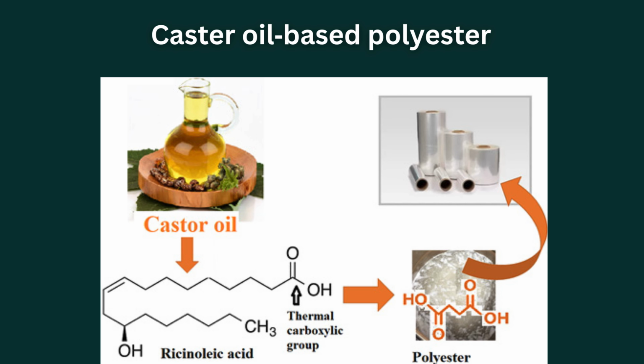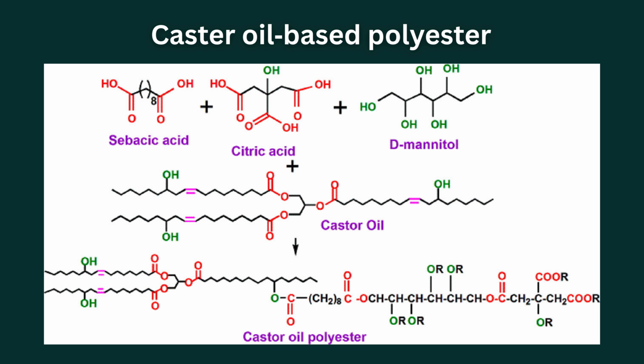The hydrophobic side chains of ricinoleic acid act as internal plasticizers, reducing the glass transition temperature and imparting flexibility. Castor oil-based polyesters synthesized using multifunctional monomers such as sebacic acid, citric acid, and polyols exhibit soft, elastomeric behavior. Surface properties, including wettability, play a crucial role in biomedical applications, as they influence cell adhesion and protein interactions.